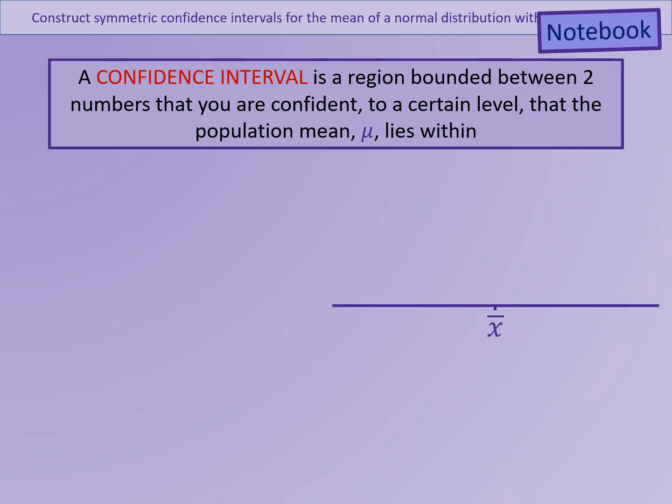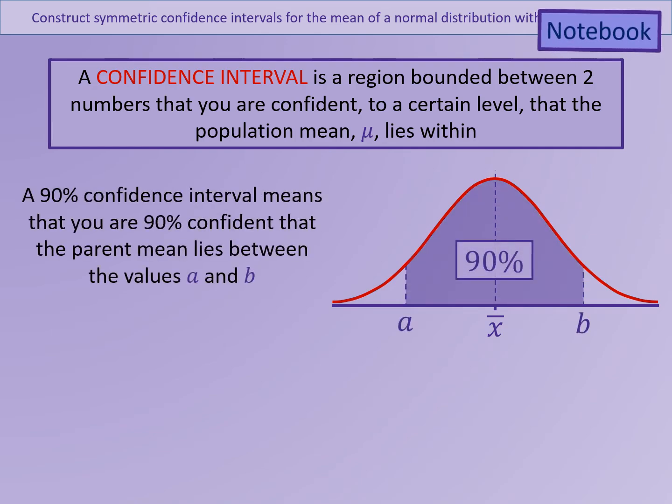If you take a sample and find its mean, that is denoted by x bar. We could construct a normal distribution symmetric about this number, x bar. And if we wanted to be 90% confident that the mean of the parent population, so the mean of all of the values, is between two values a and b, we would need to construct a confidence interval.